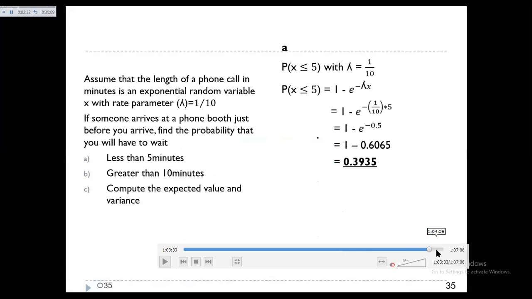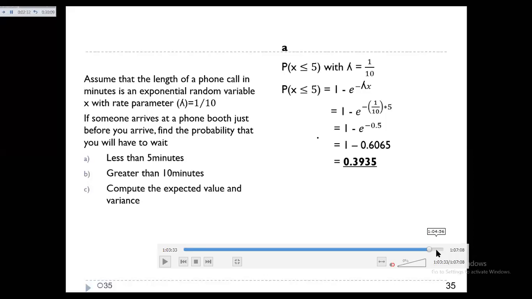If somebody arrives at a phone booth just before you arrive, find the probability that you will have to wait less than 5 minutes. Less than 5 minutes means from 0 minutes to just before 5 minutes.